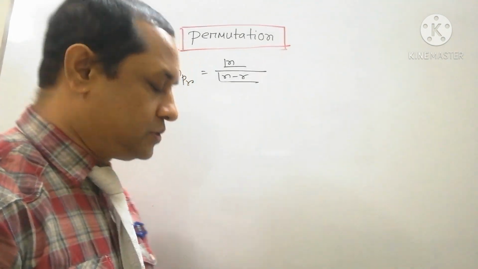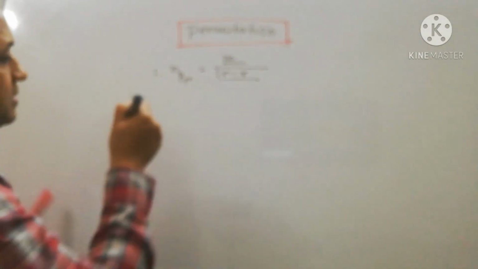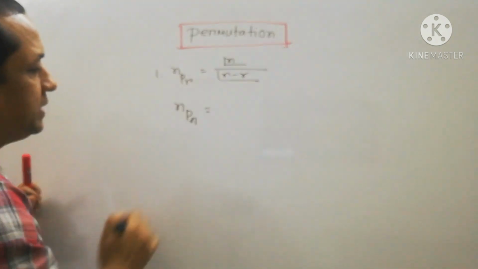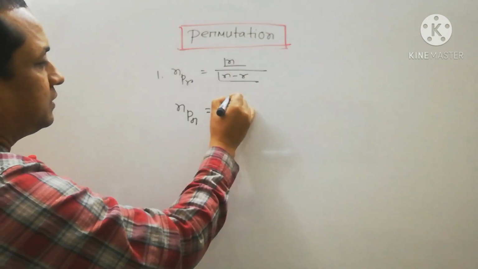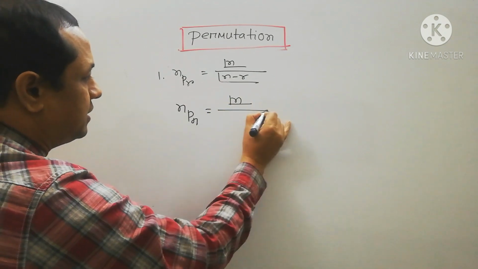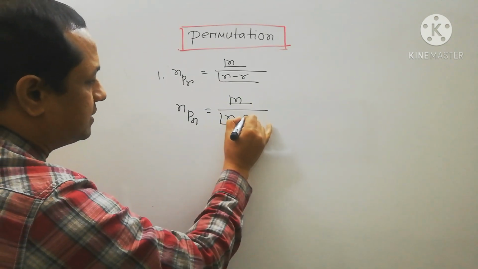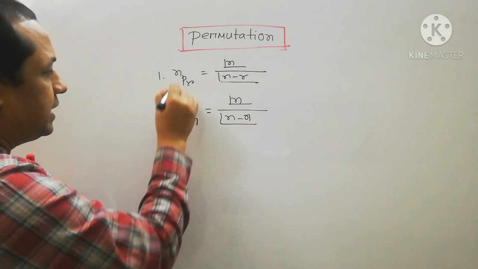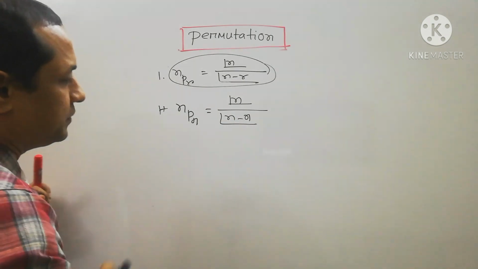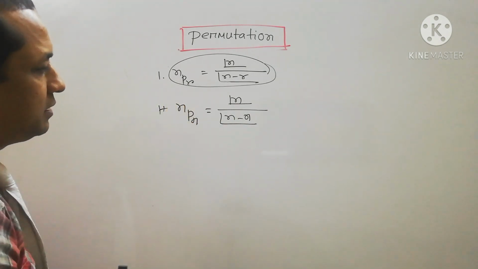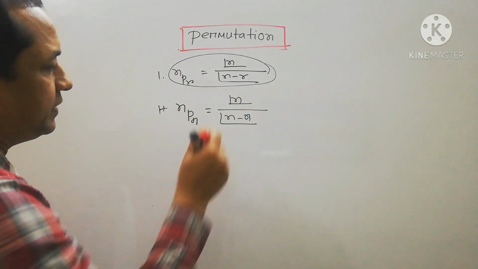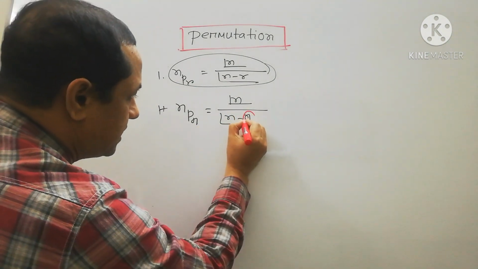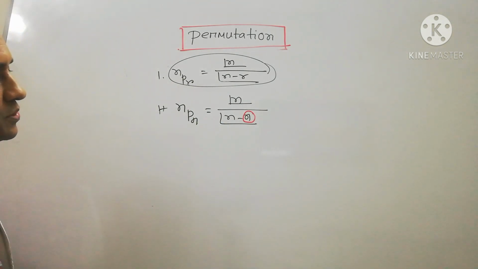So look at the board, student. Here nPn. Using the formula, factorial n by factorial n minus n, because here r equals n. So nPr equals factorial n by factorial n minus r, replacing r with n.